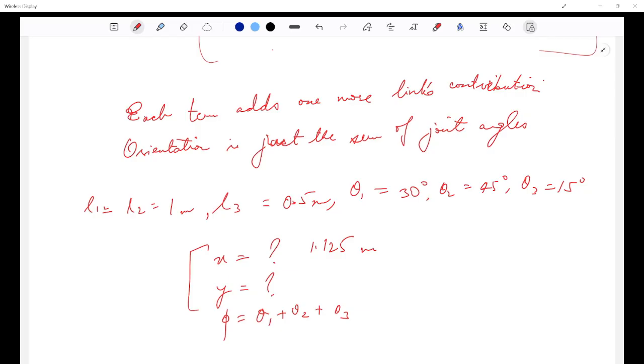No, that's not correct, I think. Check your calculation once again. Yeah, 1.96 is correct. Good.